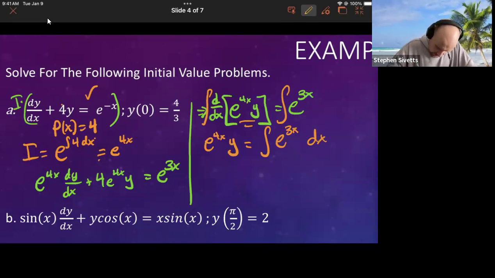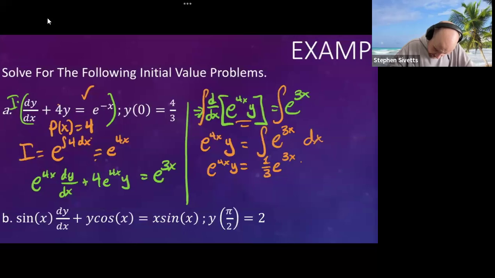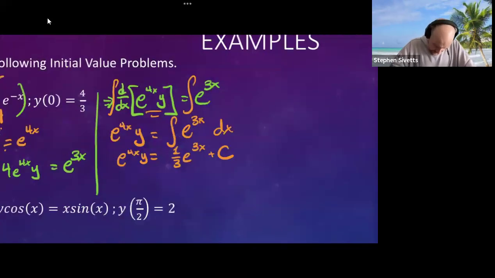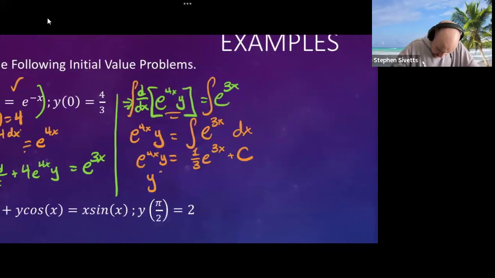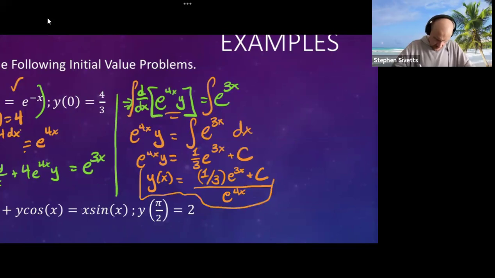So we'll have e to the 4x times y equal to 1/3 e to the 3x plus c, a constant, right? And so y of x, our general solution, equals 1/3 times e to the 3x plus a constant, over e to the 4x. So this here is our general solution.